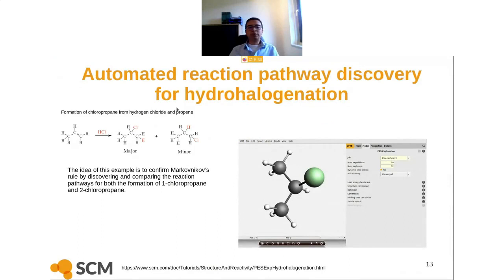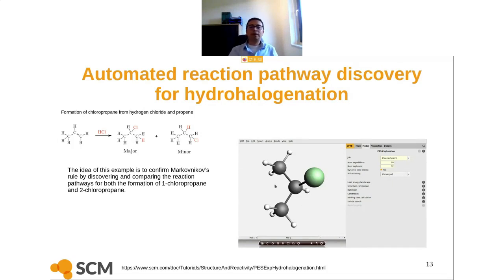The idea of this example is to confirm Markovnikov's rule by discovering and comparing the reaction pathways for both formation of 1-chloropropane and 2-chloropropane. So this is the general reaction, and we have 2 possible products, where we expect that the major one produced is 2-chloropropane.